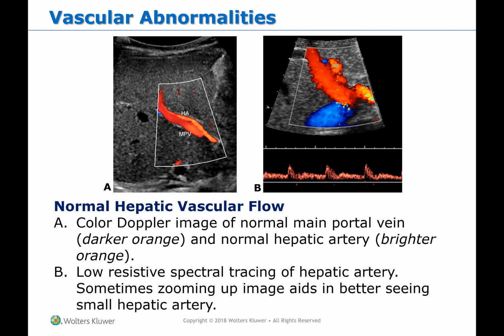So in a Doppler ultrasound, when it's red, it means it's going towards the transducer. When it's blue, it means it's going away from the transducer. So the transducer is up at the top here, in the anterior liver, and so the blood flow is going towards the transducer. So it's going to appear red.